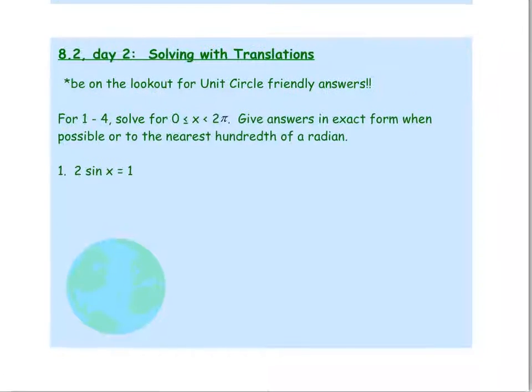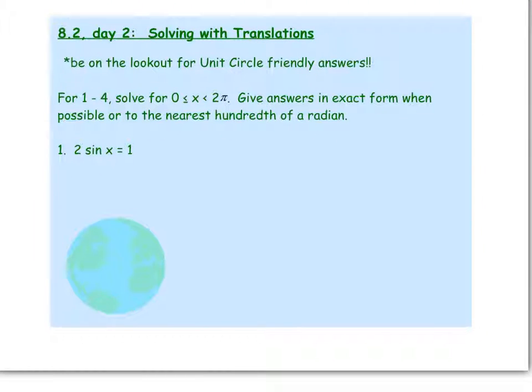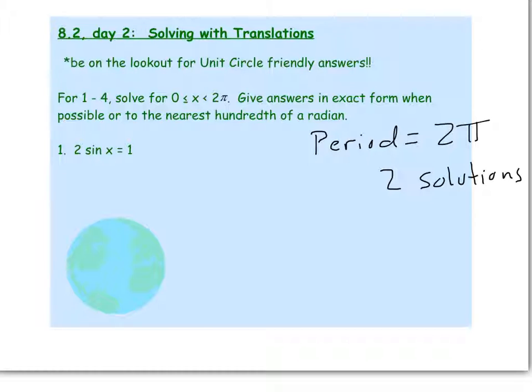So the period, and this is always something I want to be aware of even though we're not doing any graphing, is 2 pi. The big thing that means is I know it's going to have 2 solutions, and that's it. If the period has been changed, I can have more, and I have to be very aware of what the new period is to get those other solutions.